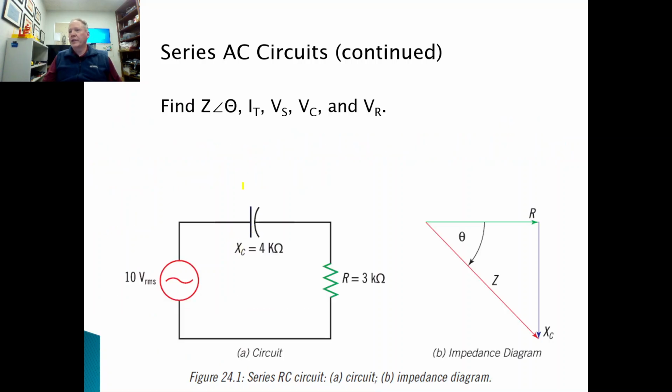So if we look at this series AC circuit and it says find the impedance and theta, calculate IT, and then get VS, VC, and VR. Now, VS we already have, right? VS is 10. And then X of C is 4K, and then R is 3K.